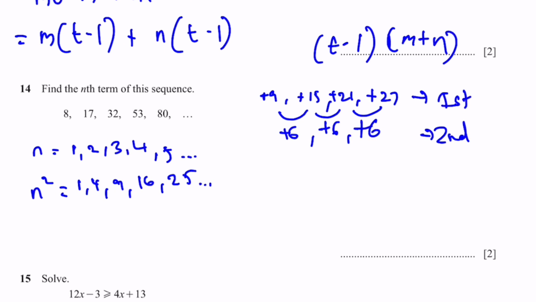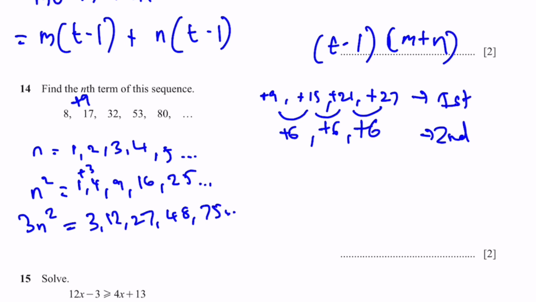Let's see the difference between the first one and the second one. So here, 1 plus 3 is 4, but here, 8 plus 9 is 17. 8 plus 9, 1 plus 3. 3 into 3 is equal to 9. So let's take 3n squared. Now we'll get a difference of 9, right? These are all the values, and we'll get an add 9 difference. Same thing for this, plus 15.